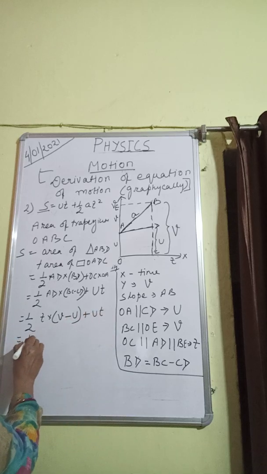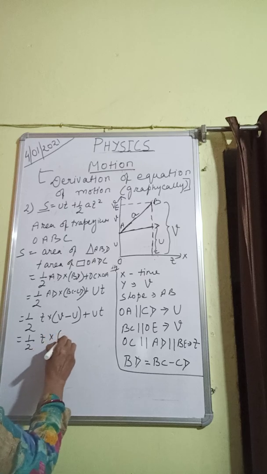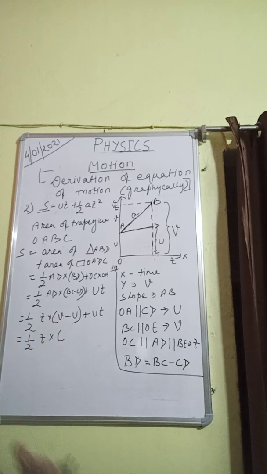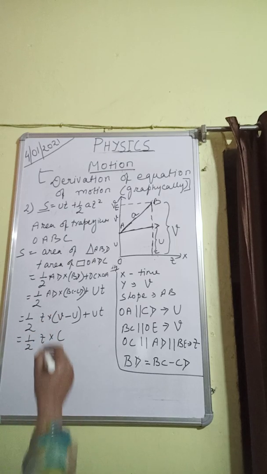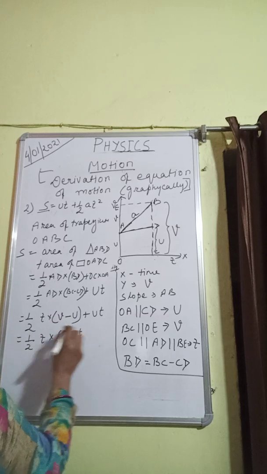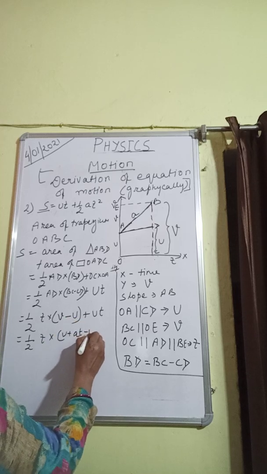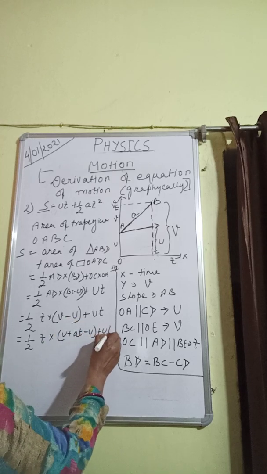So here half into T into, what is the first equation of motion we have just derived? V is equal to U plus AT. Put the value of V from the first equation of motion, minus U, plus UT.